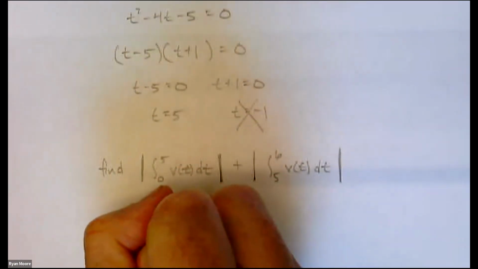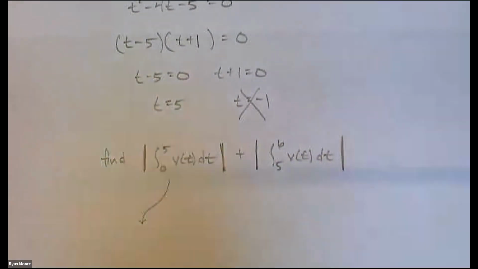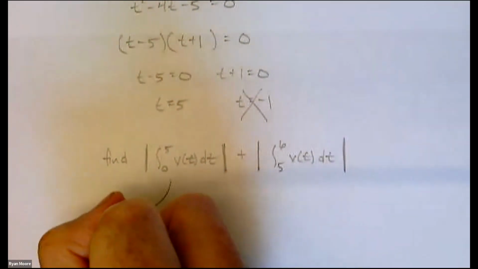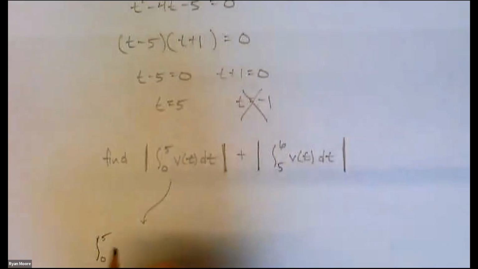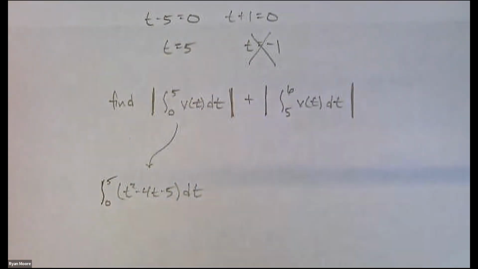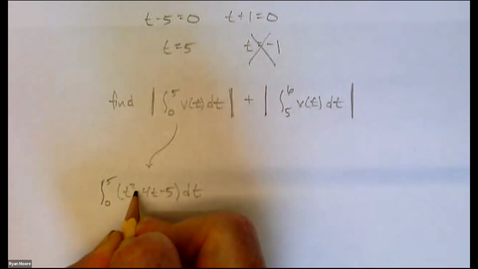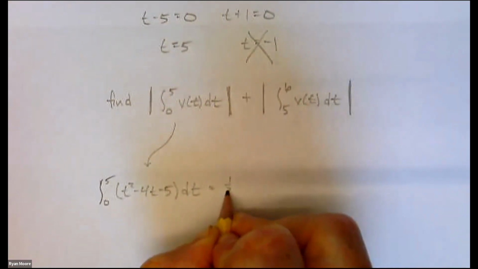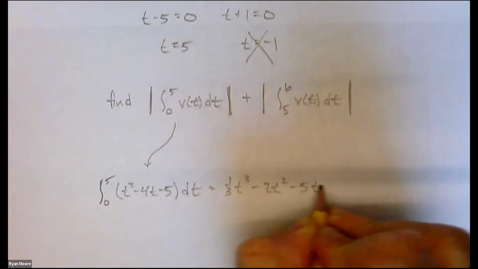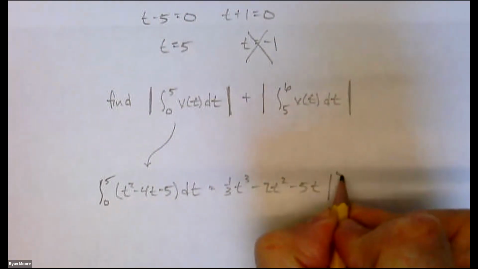Okay, let's find this one. I'm going to ignore the absolute values just for the moment. I'll know if we get a negative answer to make it positive. So this is 1/3 t to the third minus 2t squared minus 5t, this time from 0 to 5.